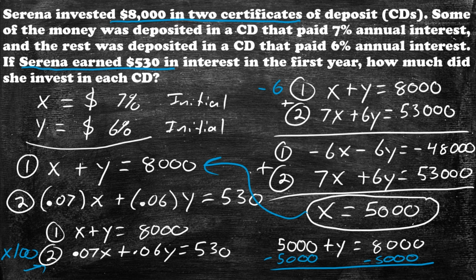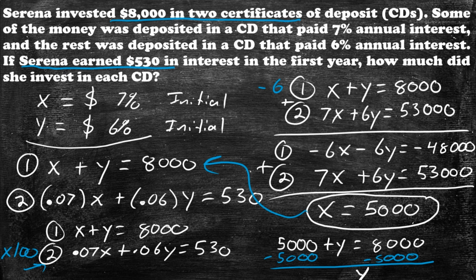And then what we get when we do that is that y is equal to 3,000. All right, so x is equal to 5,000, y is equal to 3,000. Therefore, this example is complete.